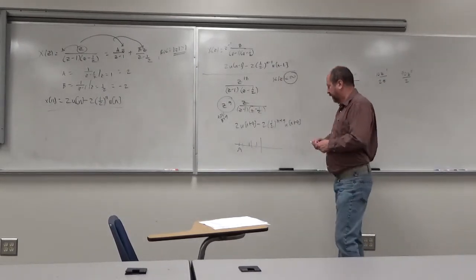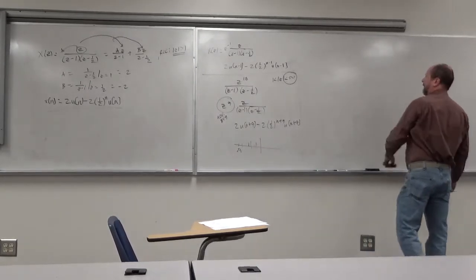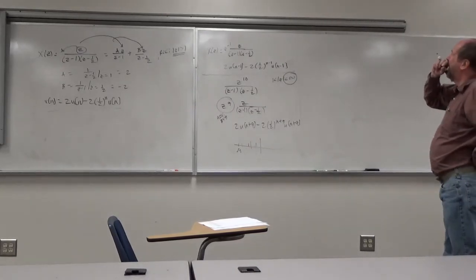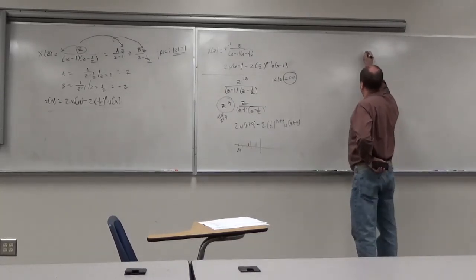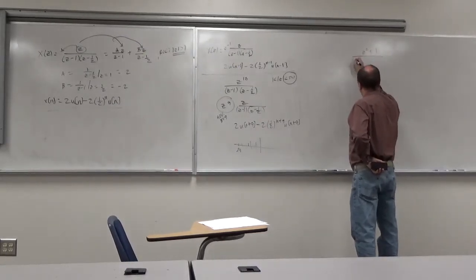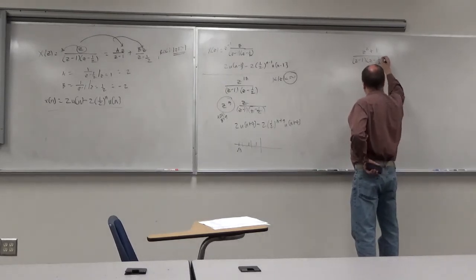Okay? So, all right, what about something, let's see, what about this? z squared plus 1 over z minus 1 and z minus 1/2.